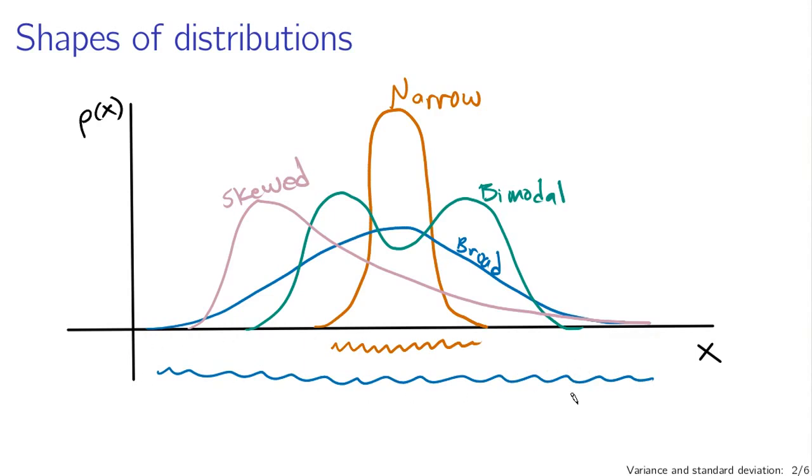So if this were, say, the probability density for position, say this is the squared magnitude of the wave function for a particle, I know where the particle represented by the orange distribution is much more accurately than the particle represented by the blue distribution. So this concept of width of a distribution and the uncertainty in the position, for instance, are closely related. The broadness is related to the uncertainty.